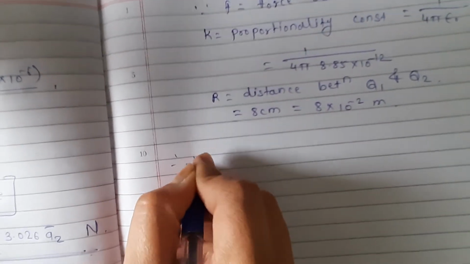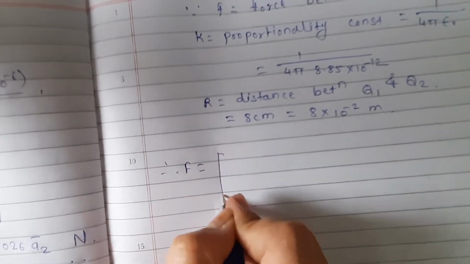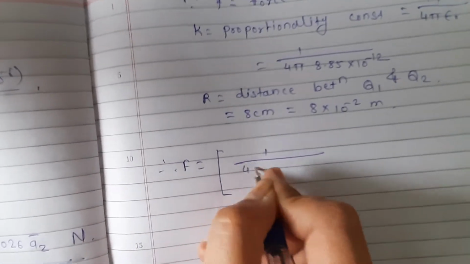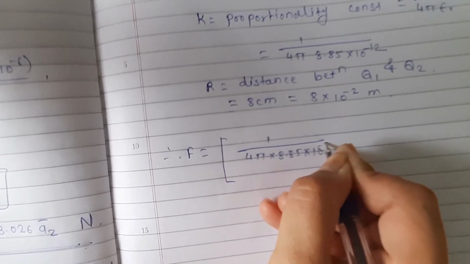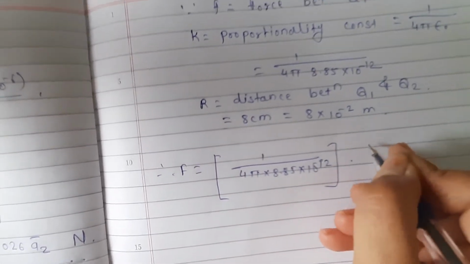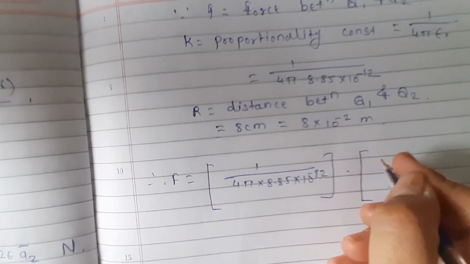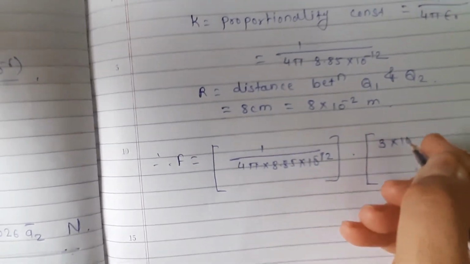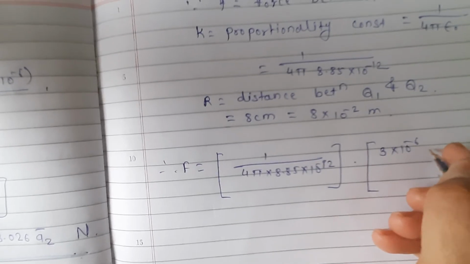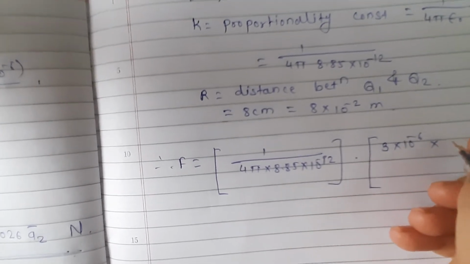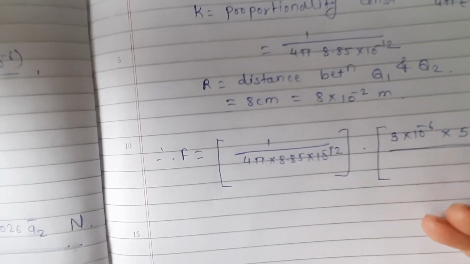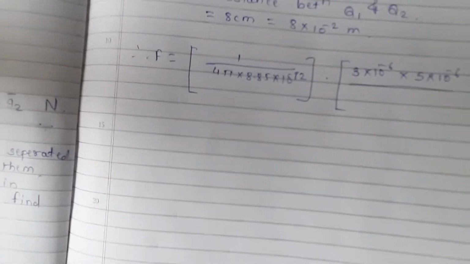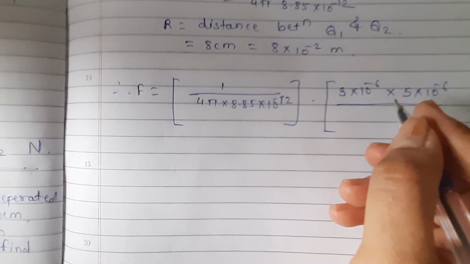So therefore the force F is equal to K, 1 by 4 pi into 8.85 into 10 raised to minus 12, Q1 Q2. So what is Q1? 3 into 10 raised to minus 6. Q2 is 5 into 10 raised to minus 6 divided by R square.